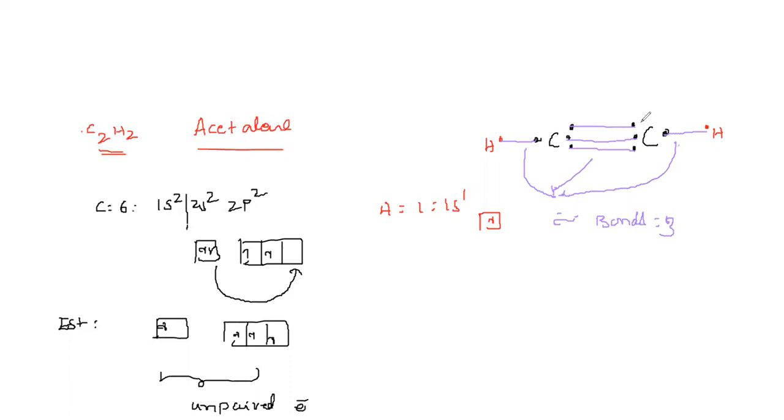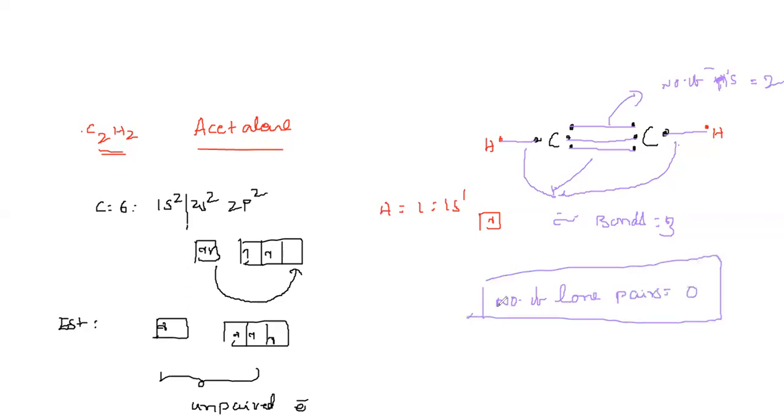These two upper ones are pi bonds, so the number of pi bonds is two. Three sigma bonds, two pi bonds. The number of lone pairs is 0; there are no lone pairs. So sigma bonds 3, pi bonds 2. This is the question.